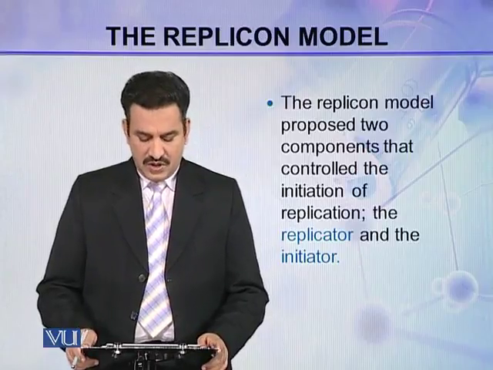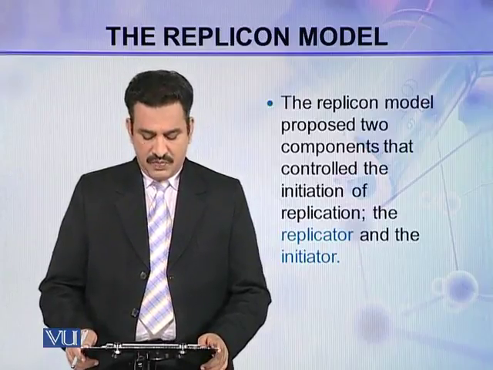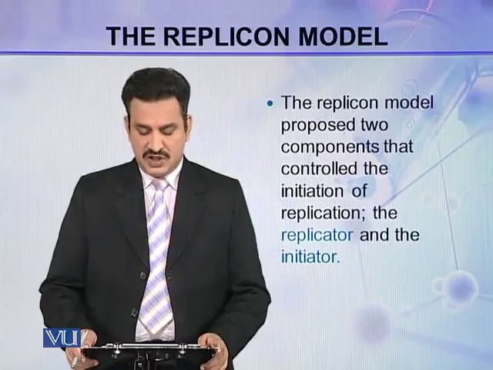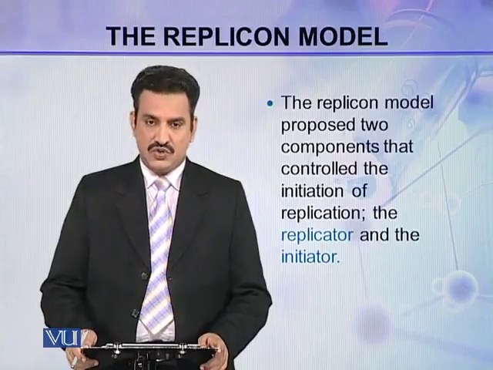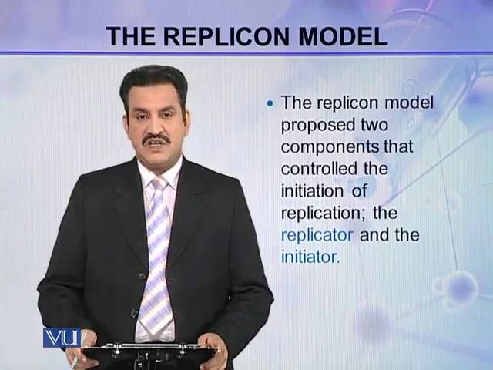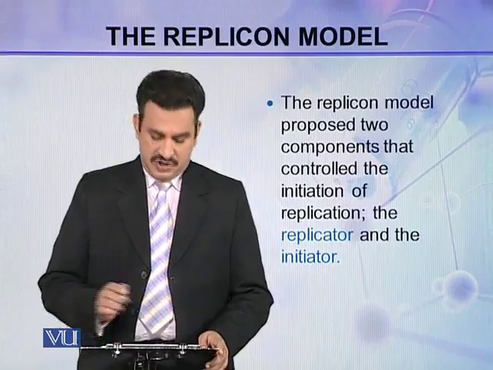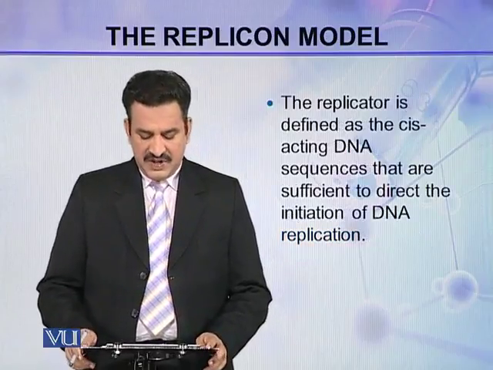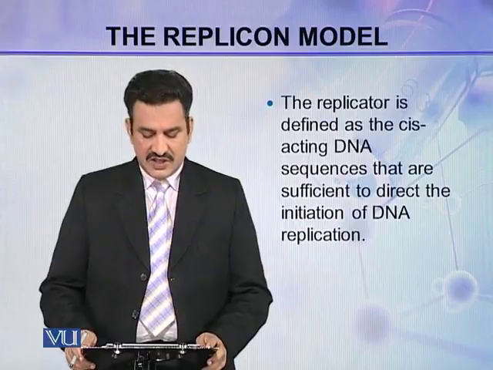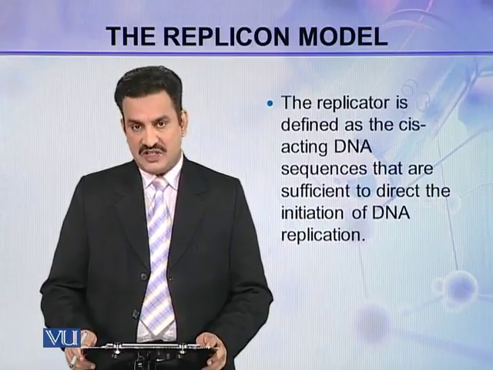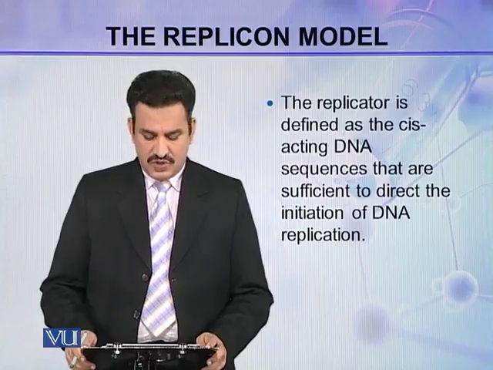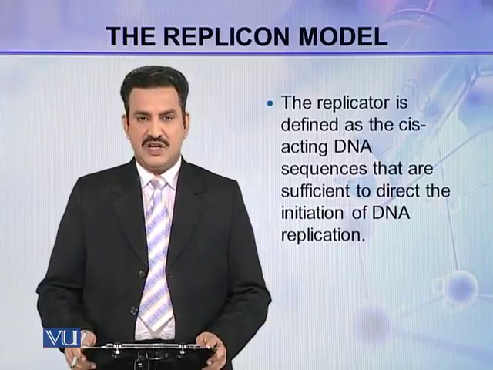The replicon model proposed two components that controlled the initiation of replication, and these two components are the replicator and the initiator. The replicator is defined as the cis-acting DNA sequences that are sufficient to direct the initiation of DNA replication.